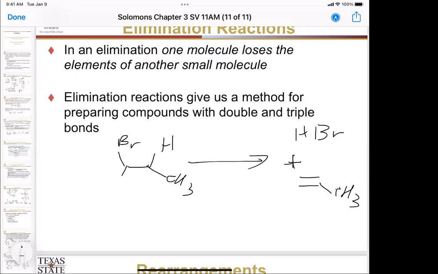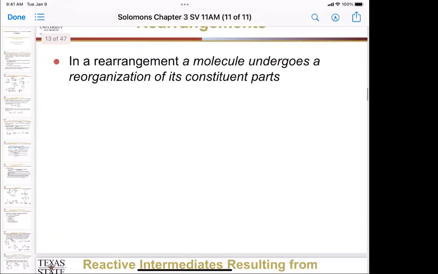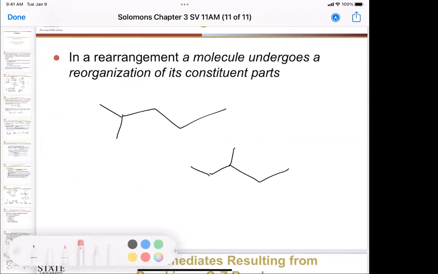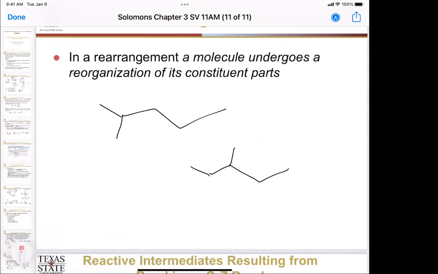Okay. So then our last thing we can do here is rearrangement. And so what we'll see here, and I'm going to draw it in stick figure. If we have a compound that looks like this, and we do something to it, or it self-rearranges, if it moves from one compound to another, we've changed the skeleton of the carbon backbone, it has rearranged.